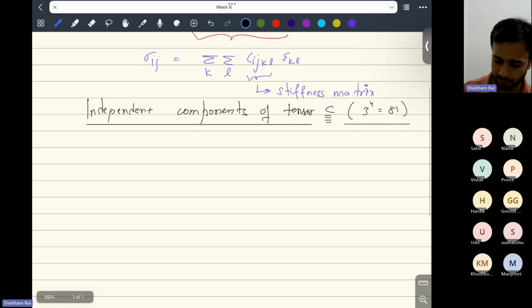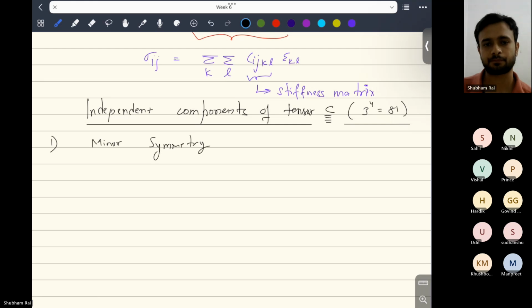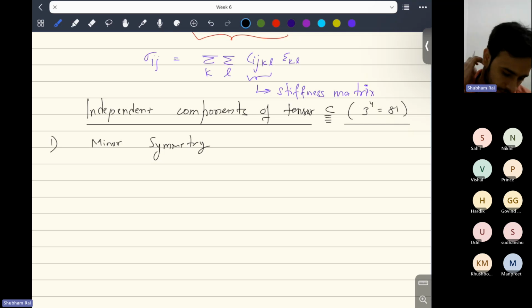When minor symmetries are applied on this constitutive tensor, because stress is symmetric and strain is also symmetric, these two symmetries of stress and strain introduce minor symmetry in this elastic constitutive tensor.